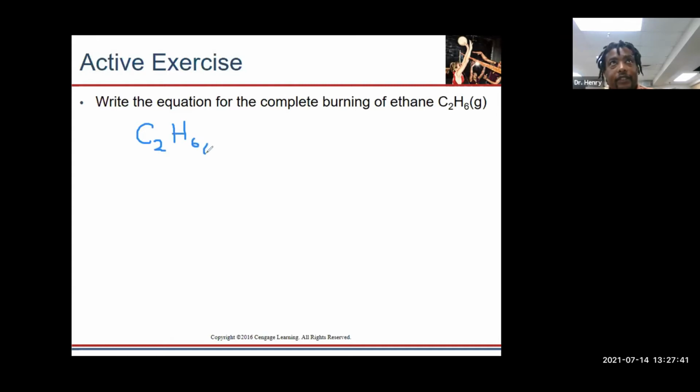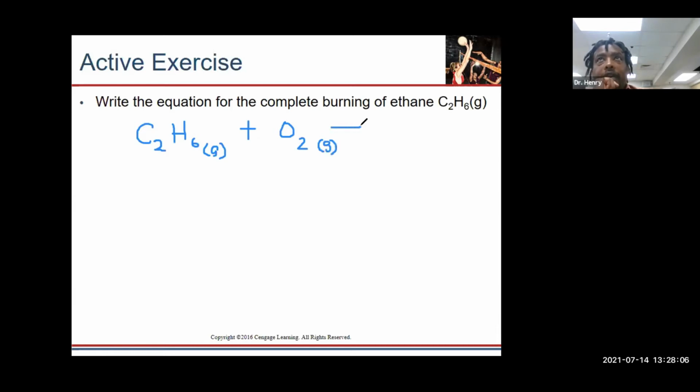Okay, so what is required for organic material to burn? Oxygen. So what is the chemical formula for oxygen? O2. And we know that that's a gas.